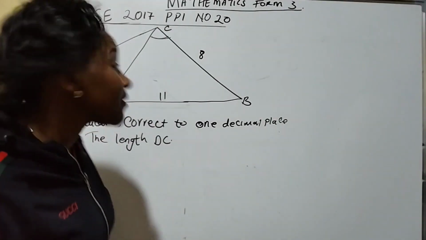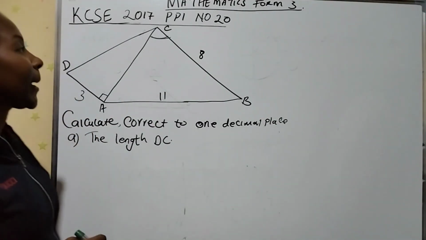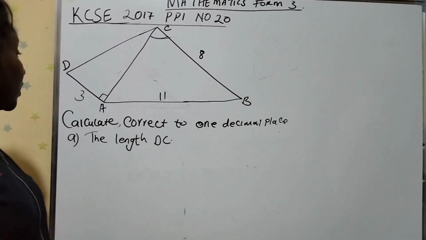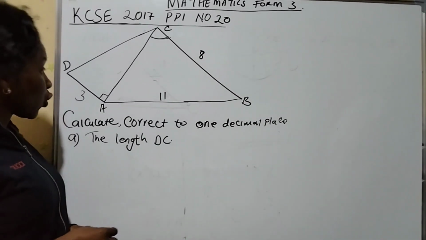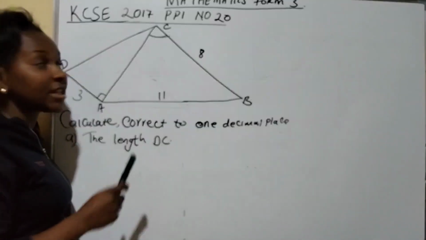Here we are in KCSE question number 20, paper 1, 2017. We have a quadrilateral ABCD.